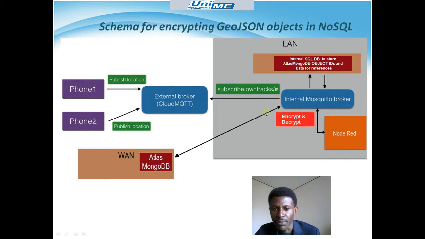But while it is being encrypted and sent to Atlas, we have an internal database that we can use to store the object's ID and maybe the data for references.